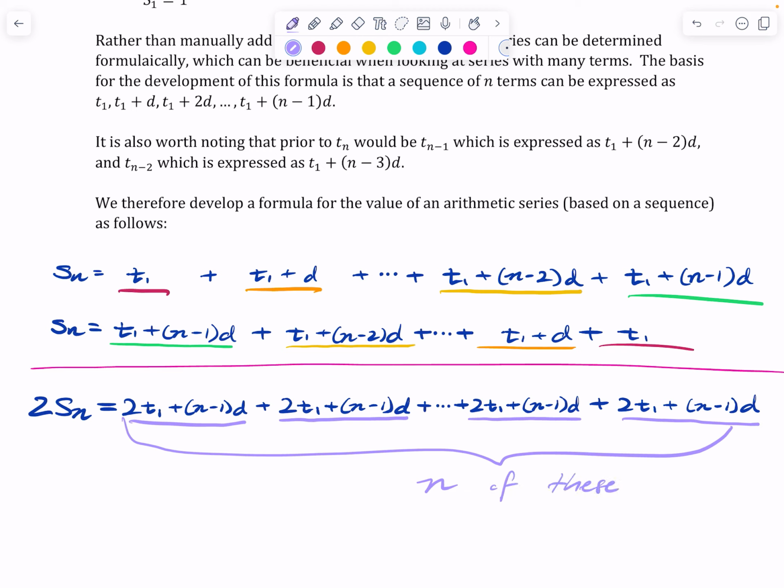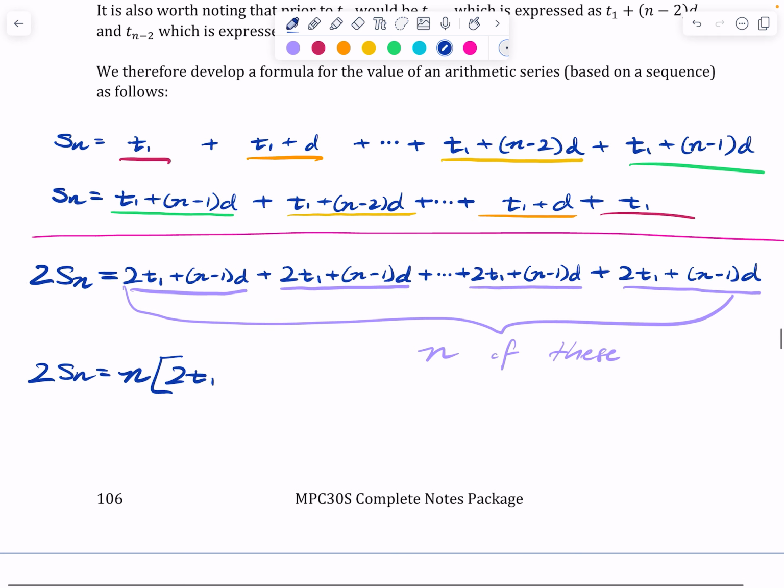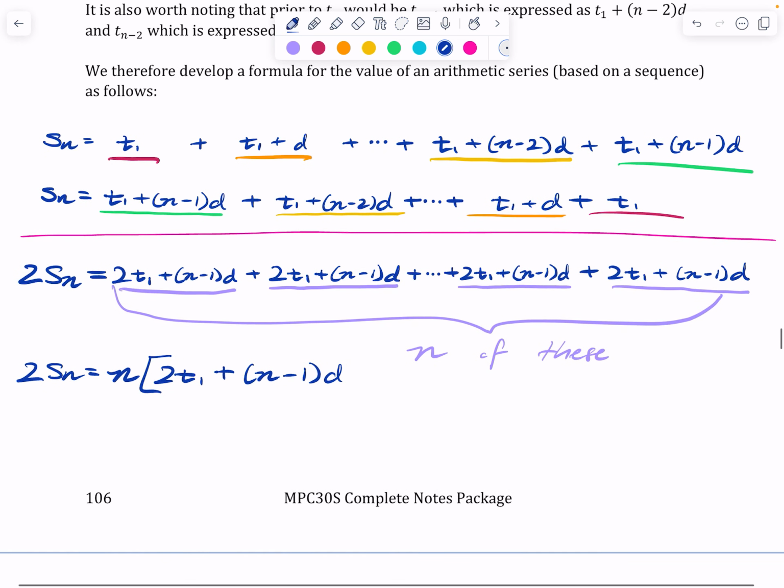Whatever n is, that's how many we have of this repeating little expression. So we can more succinctly say that 2Sn is equal to n of all of these repeating expressions: 2T1 plus n minus 1 times d.